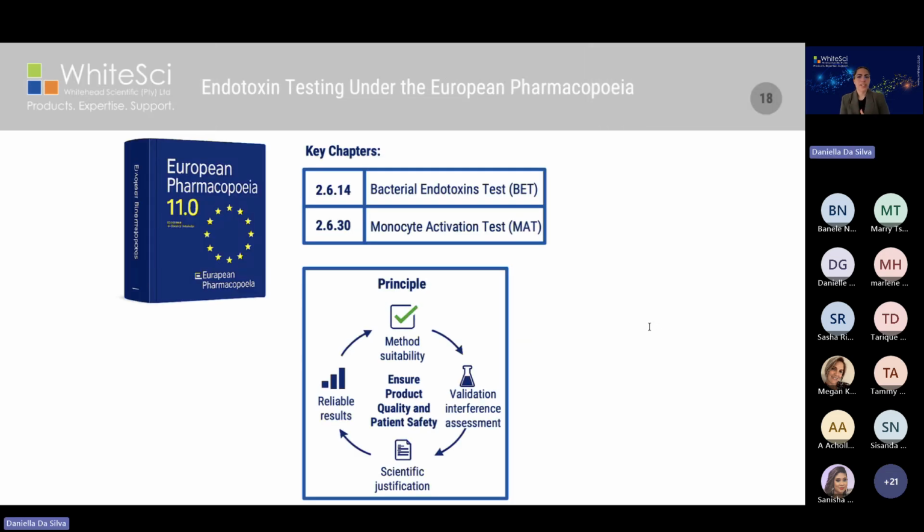Now that we've discussed the major assay technologies, it is important that I address the regulatory framework that supports endotoxin testing. Within the European Pharmacopoeia, Chapter 2.6.14 describes the bacterial endotoxins test and outlines the accepted methodologies for endotoxin testing. However, pharmacopoeial expectations extend beyond simply performing an assay.